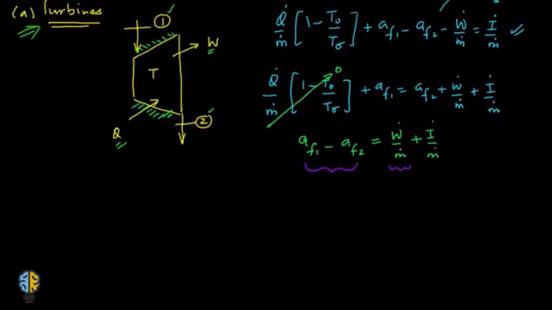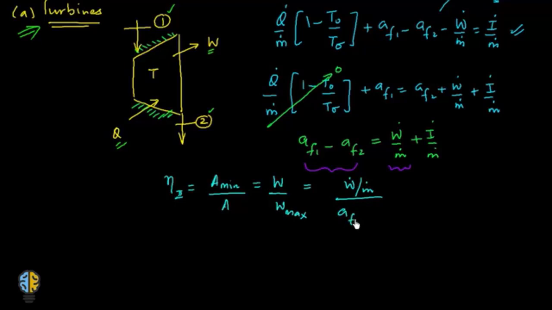So when you write down the expression for the second law efficiency, it would become the minimum availability upon the maximum availability, and the minimum availability is equal to the actual work upon the maximum possible work, and that becomes equal to W dot upon M dot divided by AF1 minus AF2. So this is the expression for second law efficiency for a turbine. I hope you understood this much.